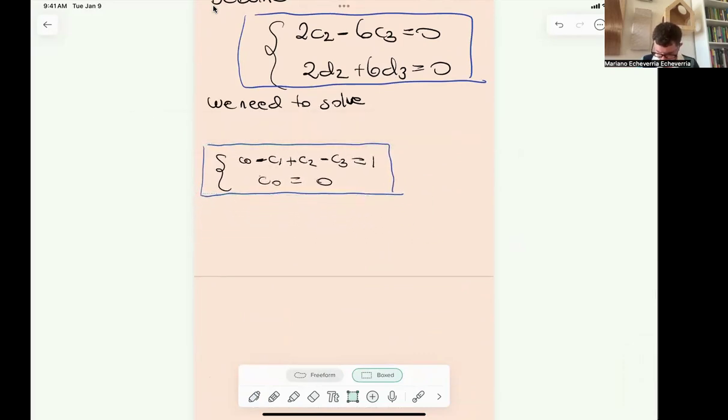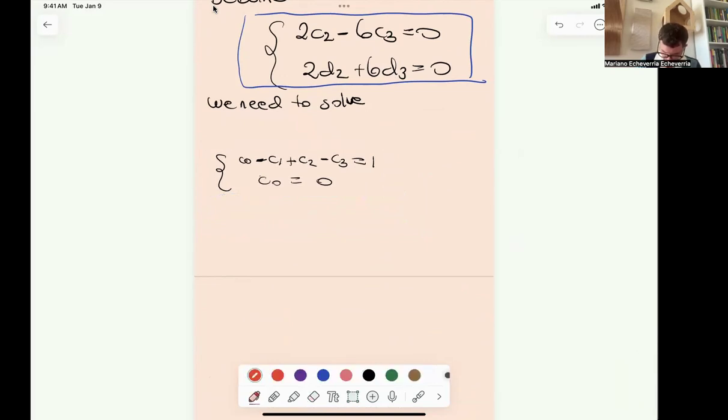I'll just leave one of these ones. I'll use the fact that c0 equals 0. I'll keep that as a fact to use. So this is an important fact.